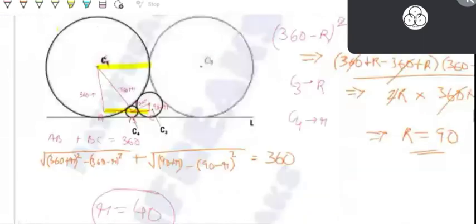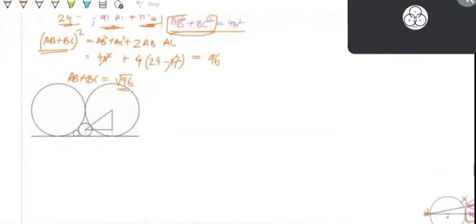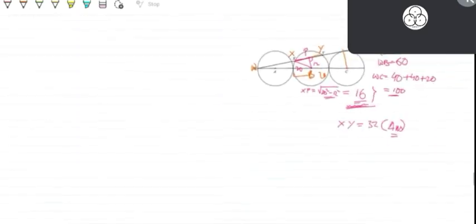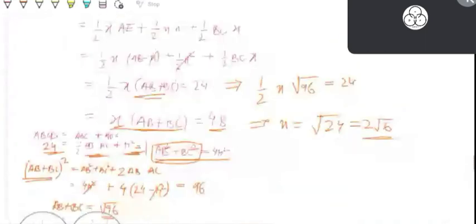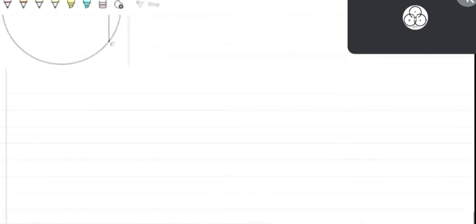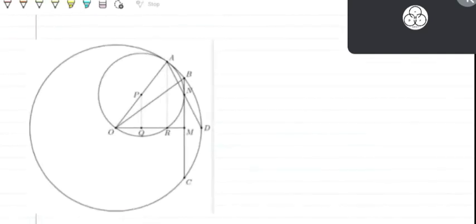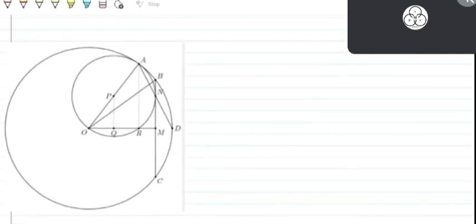In the diagram, I'm having the diagram. It will be difficult for us to understand the diagram at the first glance. See, just focus on this.